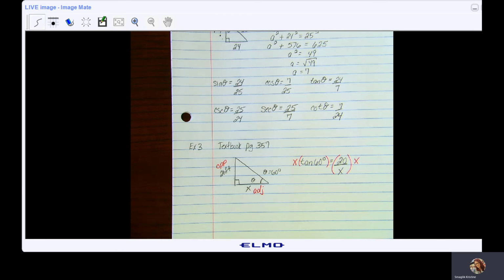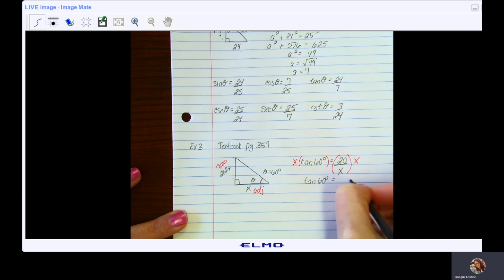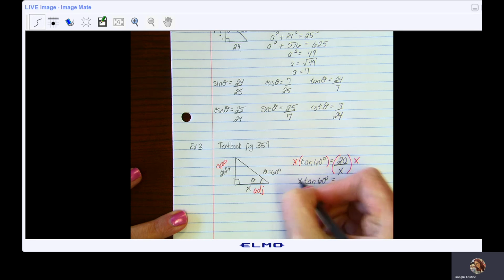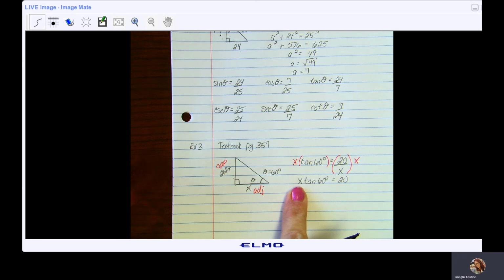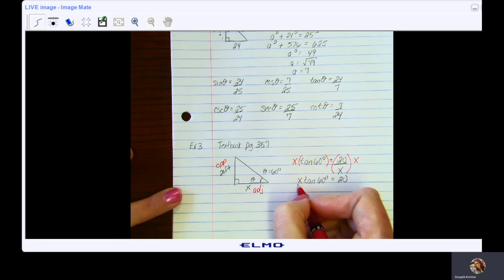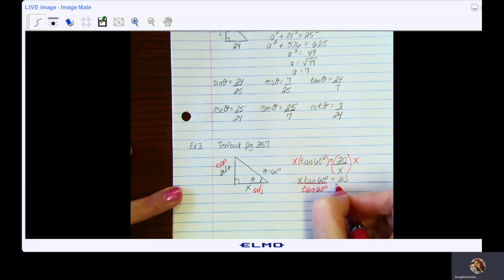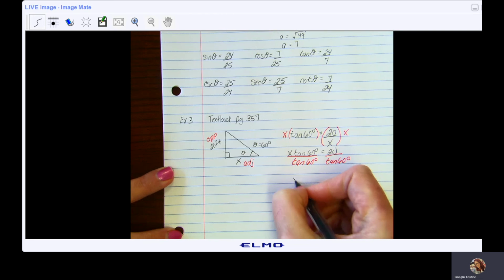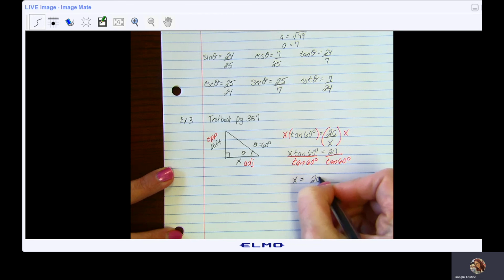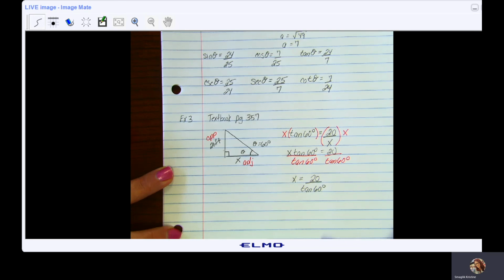Here they're going to reduce out, and I get x times the tangent of 60 degrees equals 20. This is multiplication. To undo multiplication, I use division. I'm going to divide out what I don't want there, just tangent of 60 degrees. And so now I am left with x equals 20 divided by the tangent of 60 degrees.